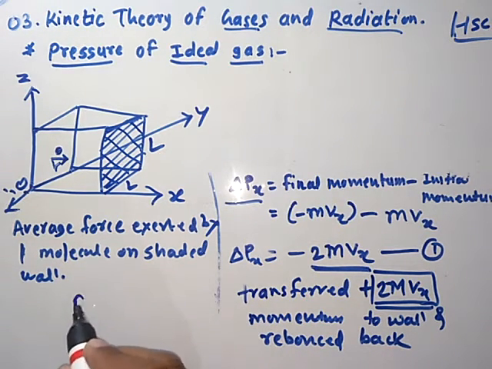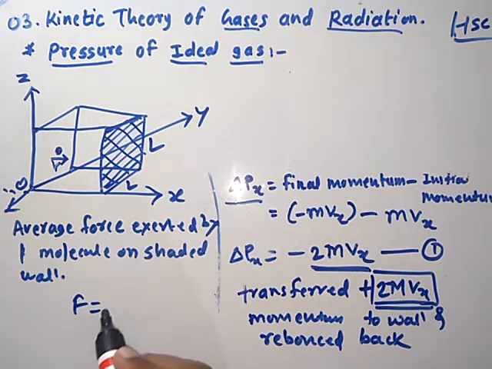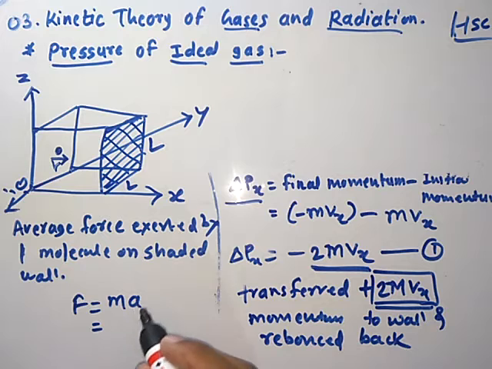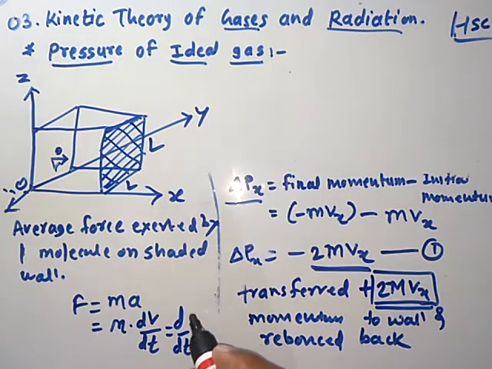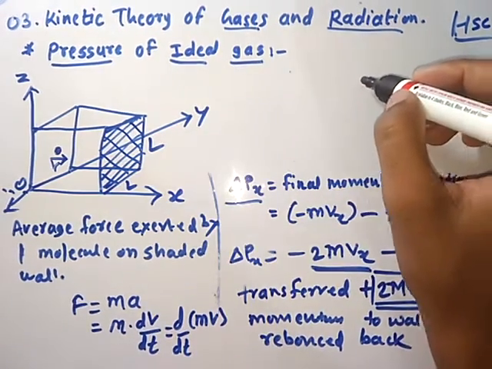See, the formula of force is F equal to ma, mass times acceleration, and we know acceleration is the rate of change of velocity, that means mass times dv by dt. If I take out the derivative d by dt, and in brackets mass times velocity, you know mass times velocity is nothing but momentum.